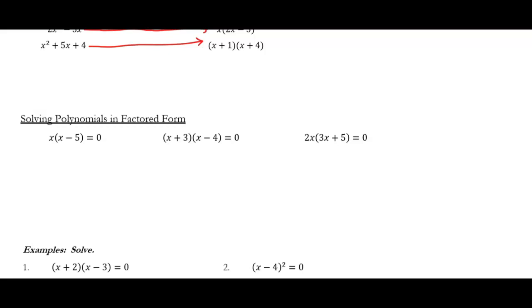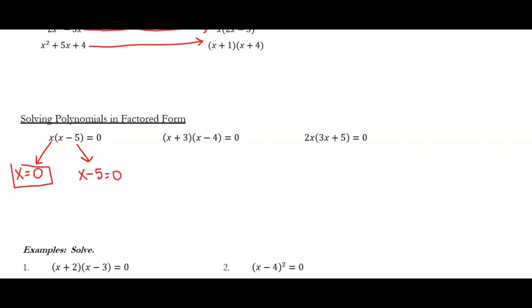Well, the way you get a 0 is if this is either equal to 0 or this one is equal to 0, because 0 times anything is 0. So what we do is we are actually going to set both of those things equal to 0. So x is equal to 0 right here. That's one answer. The way we find the other answer is x minus 5 equals 0.